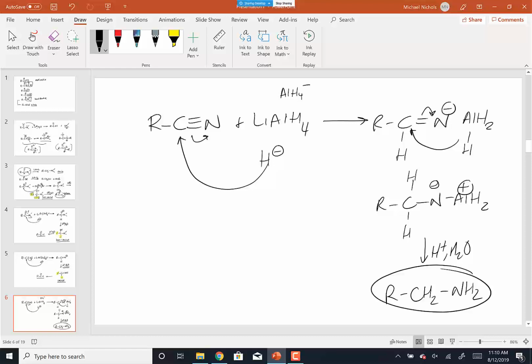So my nitrile is going to be reduced all the way down to a primary amine. Because the aluminum-oxygen bond is so strong, aluminum can take an oxygen away. But in this case, aluminum-nitrogen isn't, so it's just going to be bonded to it until the H plus H2O comes in. And then the N minus is going to become an amine.